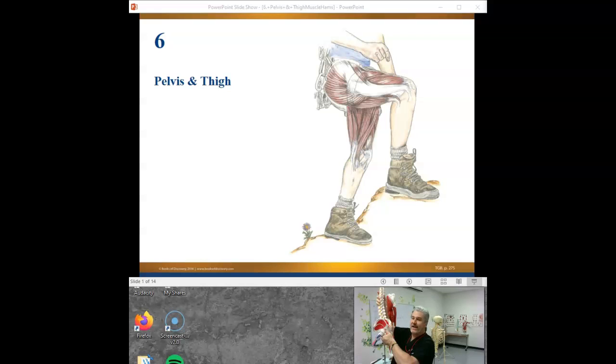If they pulled, they'd create what kind of tilt? A posterior tilt? Yes, it would. And what does posterior mean? The back. Now, by the way, this is very weird because your pelvis actually comes out front, but the top part goes back, and that's a posterior tilt. These hamstrings grab onto the back, and so they can create a posterior tilt.